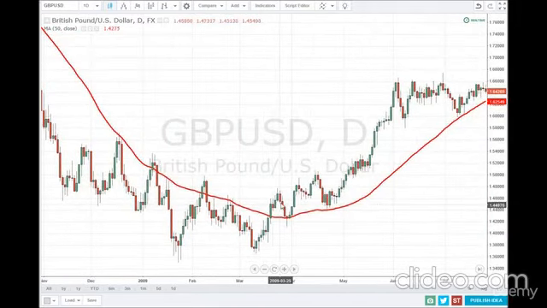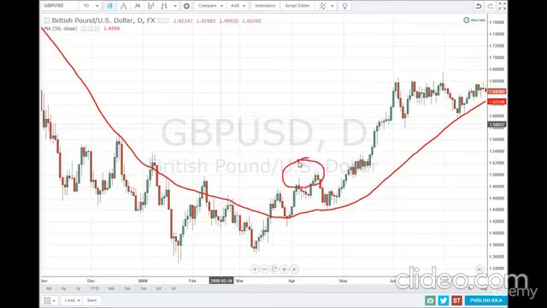You'll notice that the resistance is eventually broken. Price is closing well above the moving average, and this dynamic resistance has now become a dynamic support. The moving average acts as support here, here, and here.